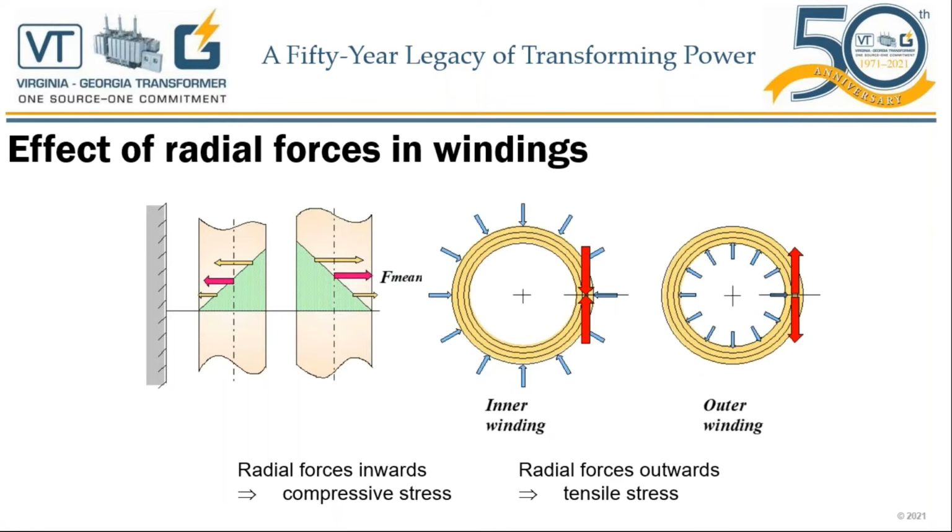Here on this slide, I want to show a different interpretation of what the radial forces do to windings. As I said in the previous slide, for the inner winding, the radial forces create compressive stresses inwards, and for the outer winding, they create tensile stress. These are the words that, if you sit through a design review or speak with an experienced transformer design engineer, you will hear them talking about, the radial stresses.